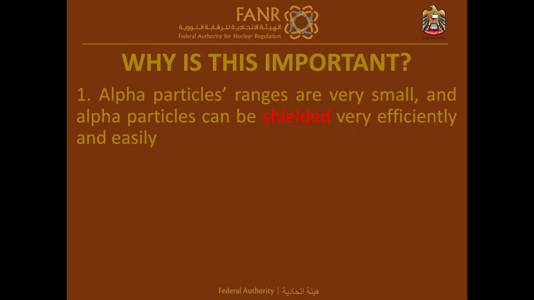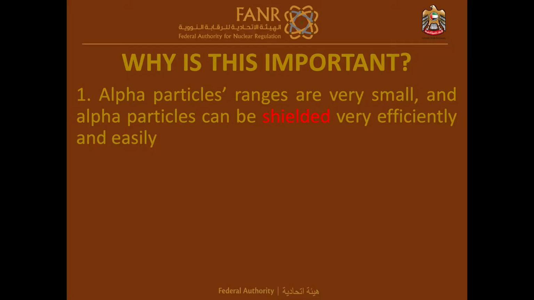Now, important points. As you can see, this is just a qualitative treatment of radiation interaction. But there are a few important points to remember here. The first one is alpha particle ranges are very small. Therefore, it's very easy to shield alpha particles effectively.